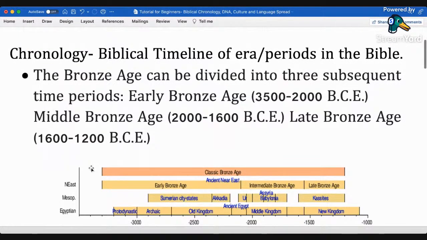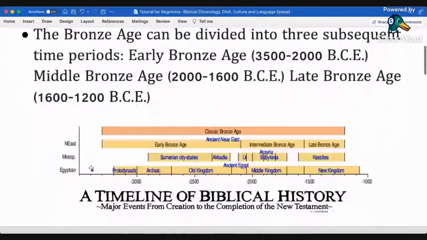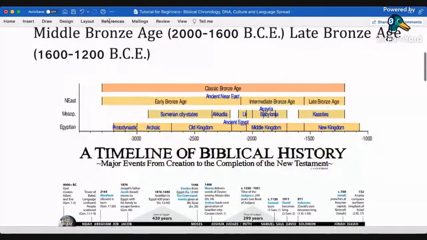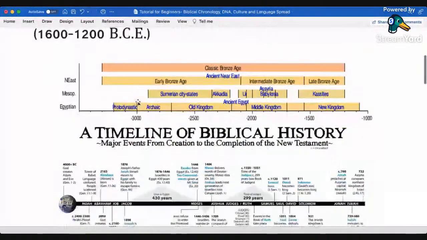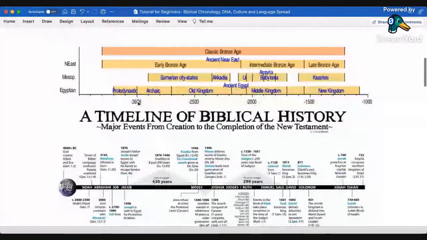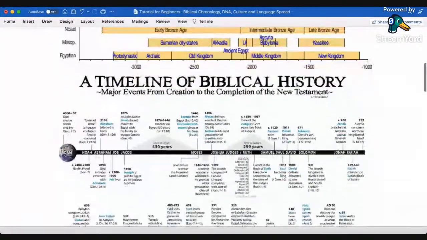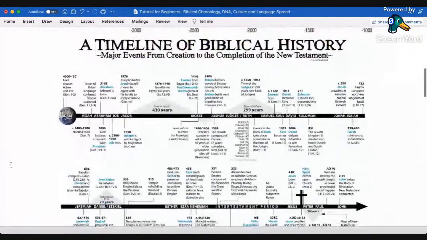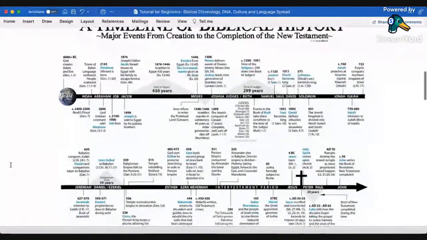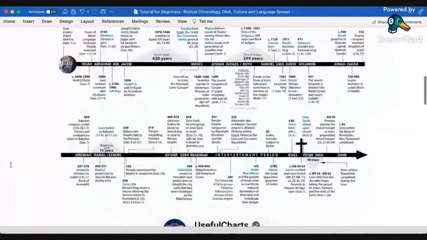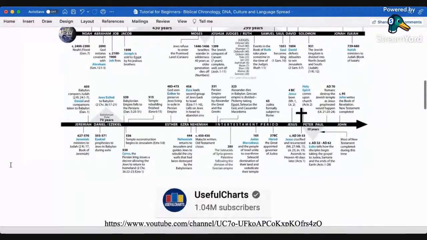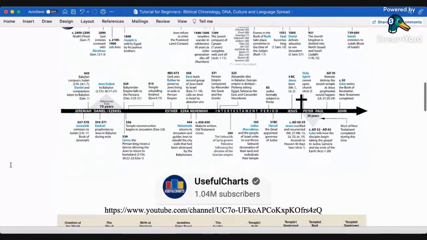And this is a good timeline that I could find. Also found the YouTuber Useful Charts.